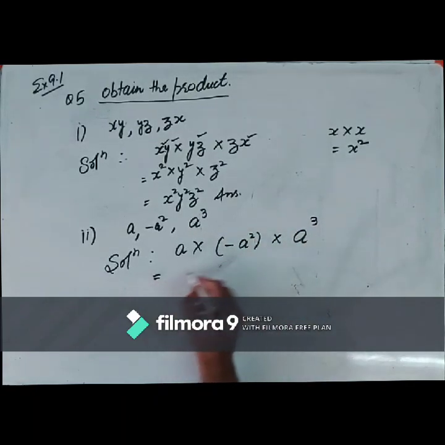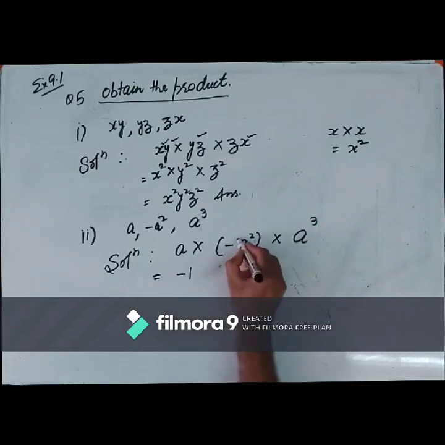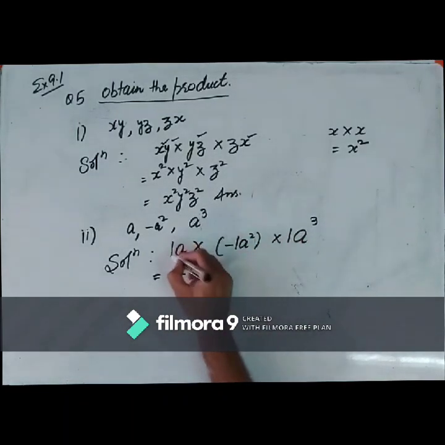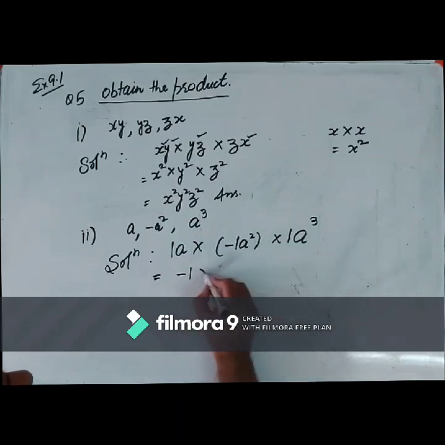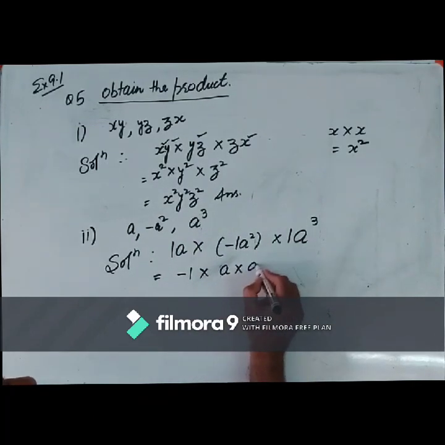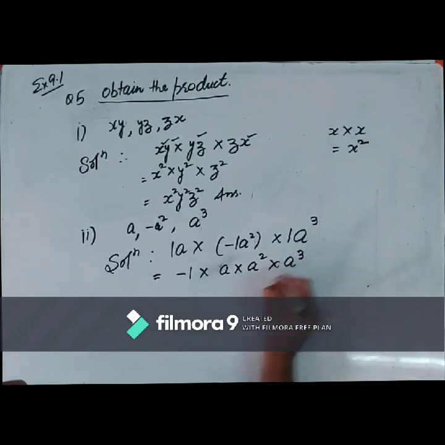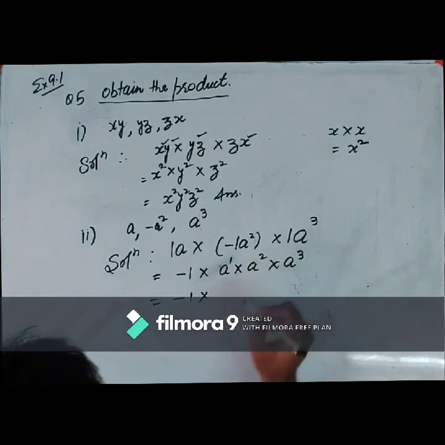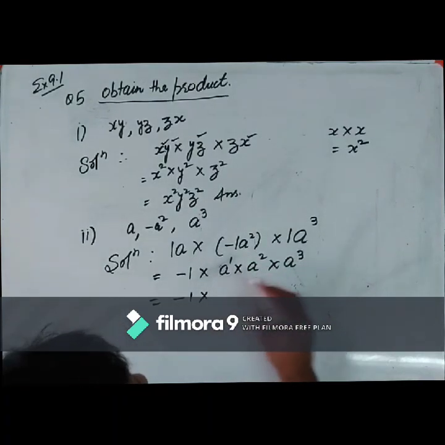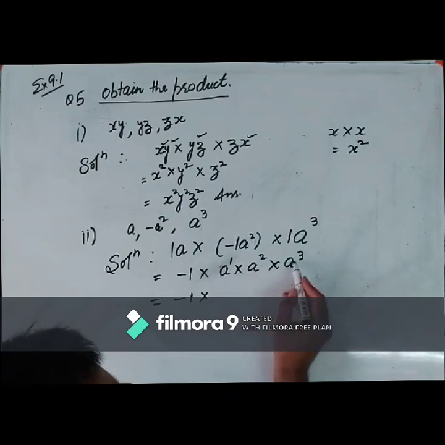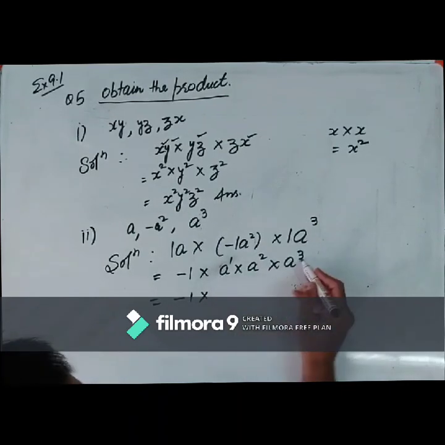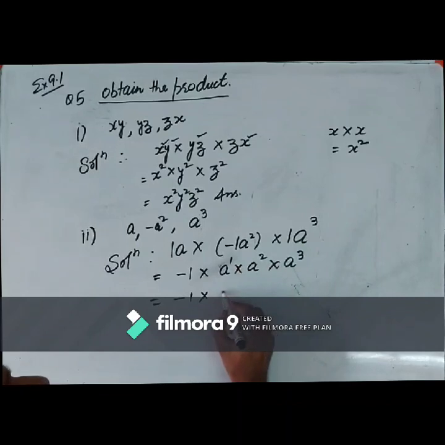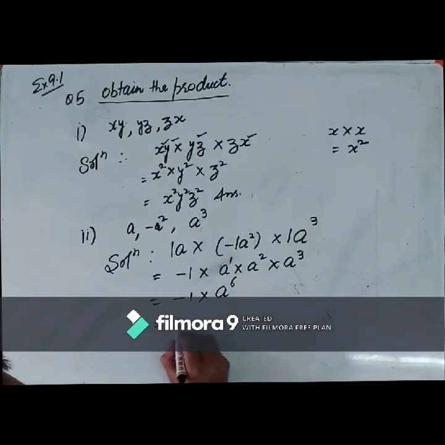So this will be minus 1 into a square into a cube. So this will be minus 1 into a raised to power 1, a raised to 2, a raised to 3. So how many a's do we have? 3 a's, 2 a's and 1, 3 and 2 is 5, and 5 and 1 is 6. So a raised to power 6. So we have minus of a raised to power 6, and this is how we have the answer.